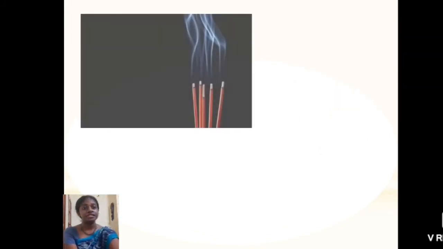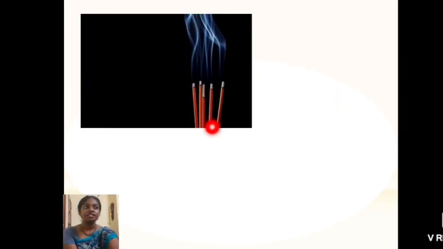So let us do another activity. For that activity, light an incense stick and keep it in the corner of the room. What happens? We can smell the incense stick from where we are standing.